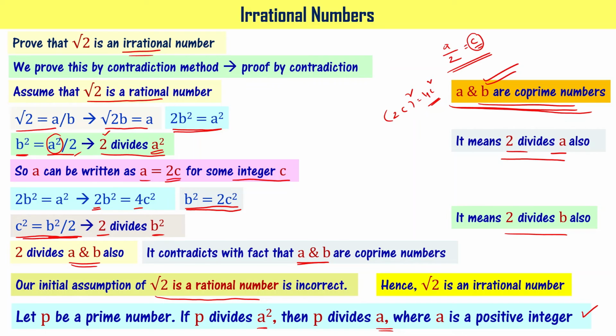It means since we want to prove that root 2 is an irrational number, and we want to prove that by contradiction method, we said that root 2 is a rational number, not an irrational number. Then we tried proving it, but we failed to prove that it is a rational number. For that reason, we are saying that root 2 is an irrational number. Got it?